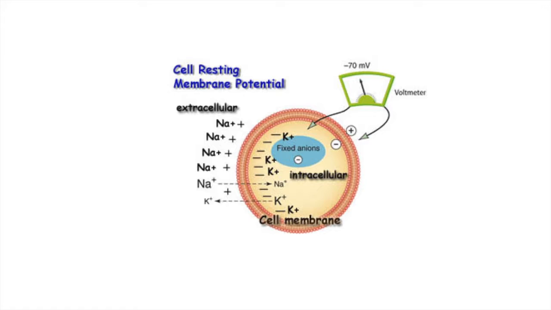And I do that with a sodium-potassium pump. I pump in two potassiums, and I pump out 3 sodiums with every cycle of the sodium-potassium pump. So I have a net gradient of 3 positive charges out and 2 positive charges in, which gives me a net negative charge. Does that make sense?